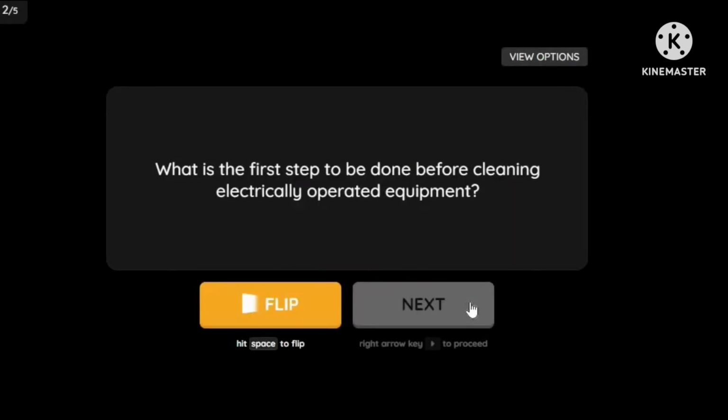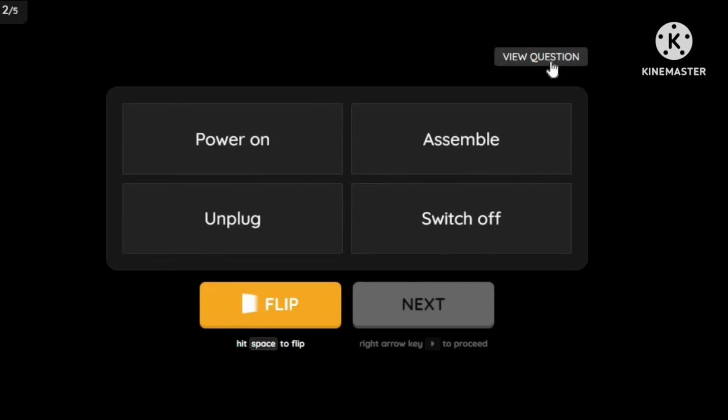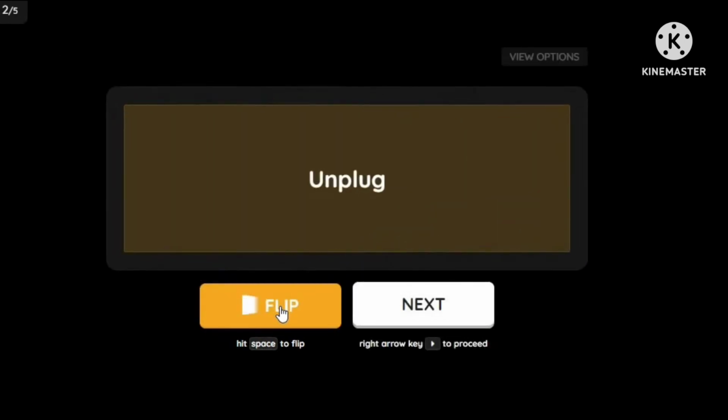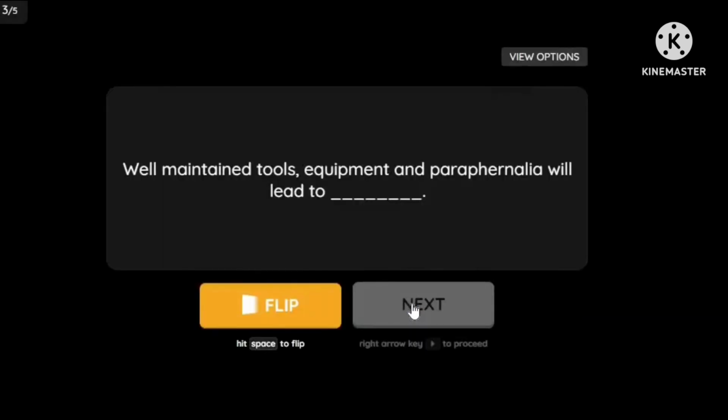Question number 2. What is the first step to be done before cleaning electrically operated equipment? Is it power on or unplug? Is it assemble or switch off? The correct answer is, very good, unplug. Next question.